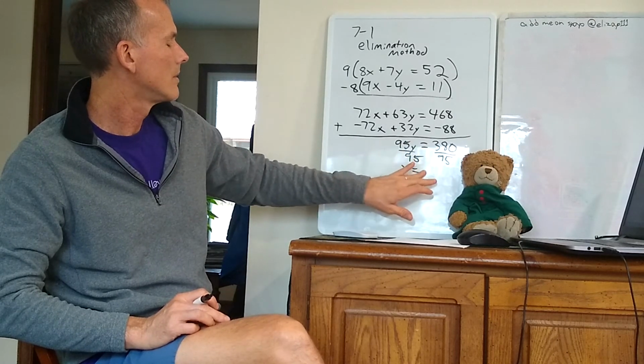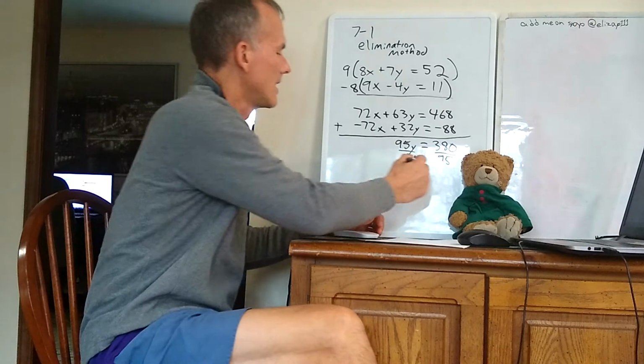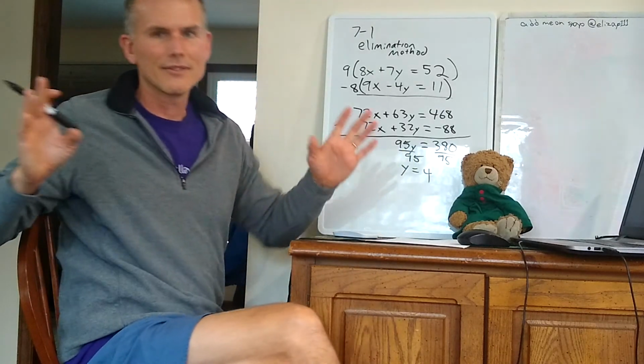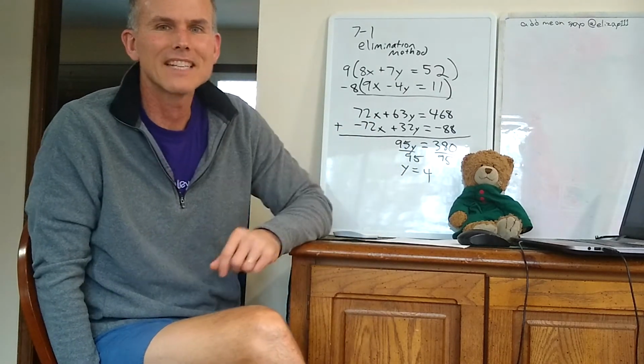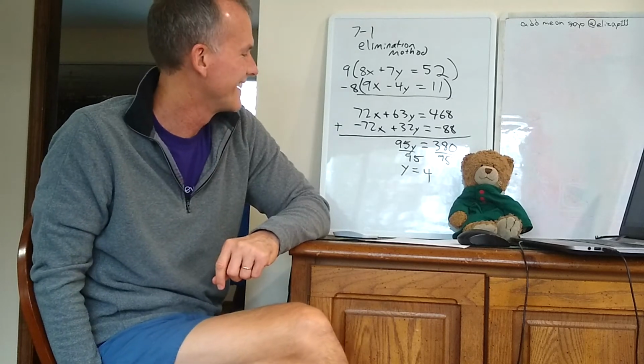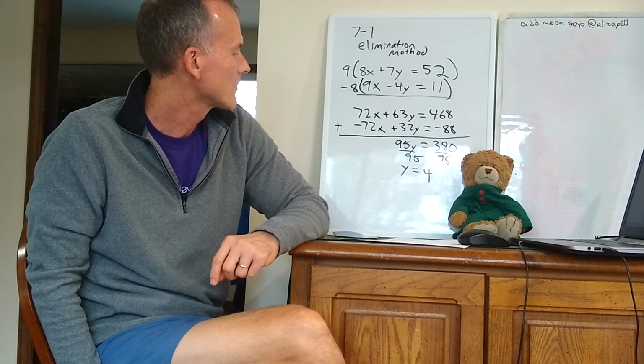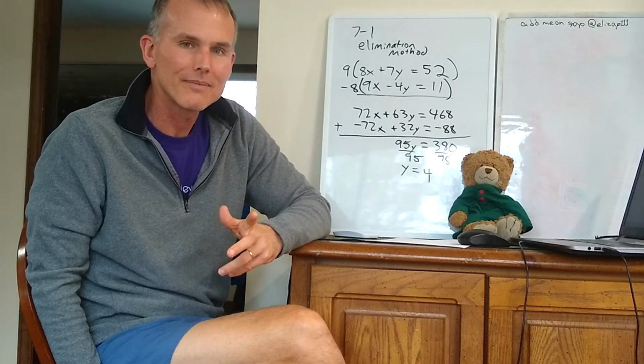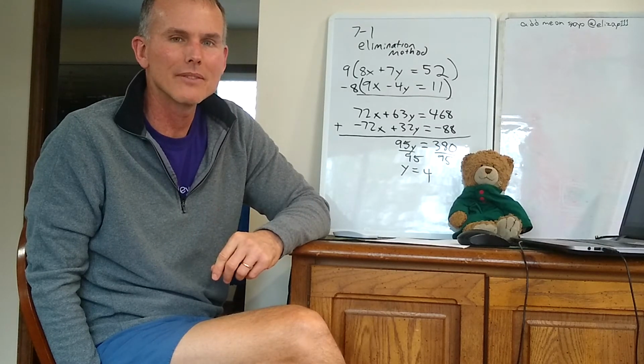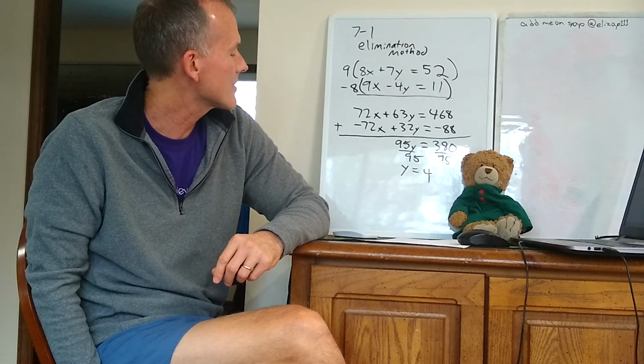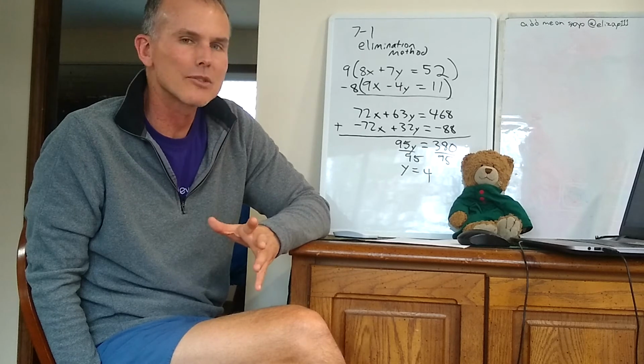No, it's 4. Yeah, it's 4. Forgive me for that little interlude there. Okay. Y is 4. That's the y coordinate of the solution to this system. Now, I still need the x coordinate of the solution.